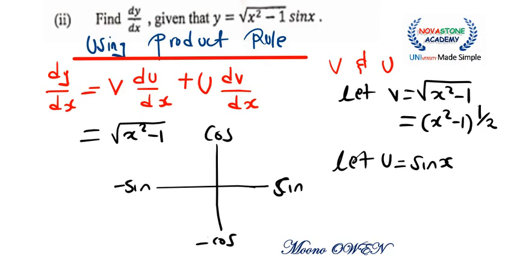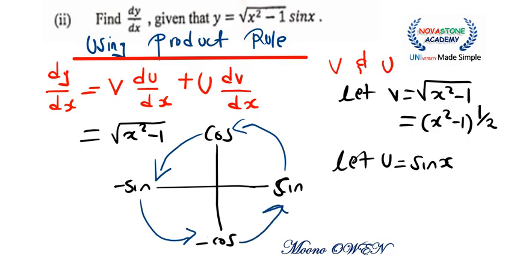When you're differentiating, you move anti-clockwise. If you are integrating, it's the opposite, you move clockwise. When you differentiate sine, it gives you cos. When you differentiate cos, it gives you negative sine. When you differentiate negative sine, it gives you negative cos. When you differentiate negative cos, it gives you sine. So that's what it means.